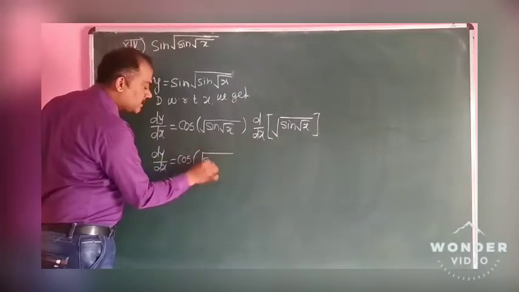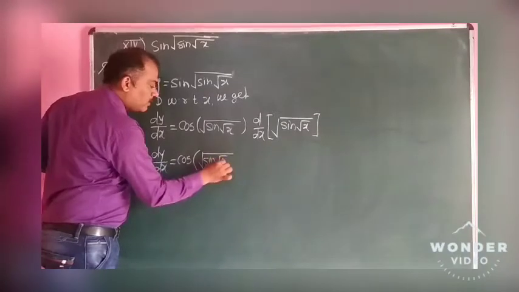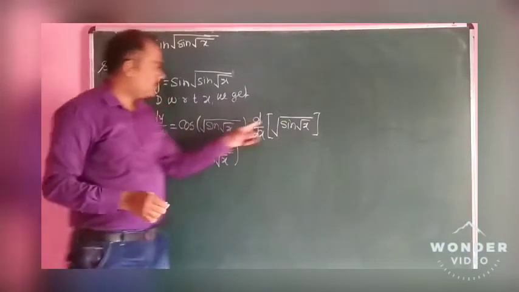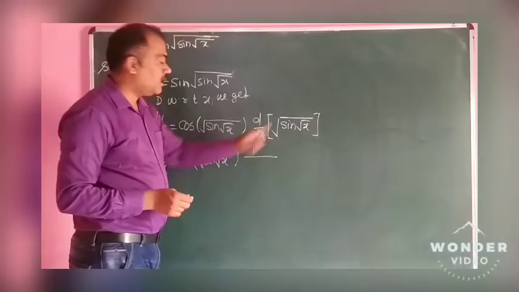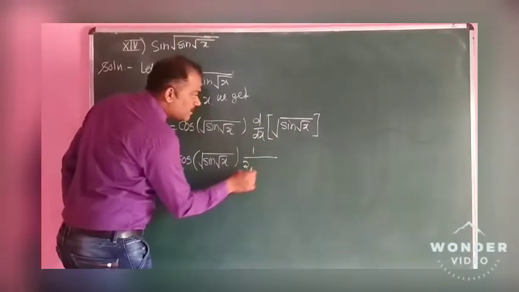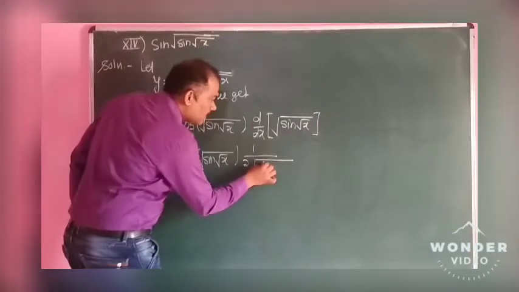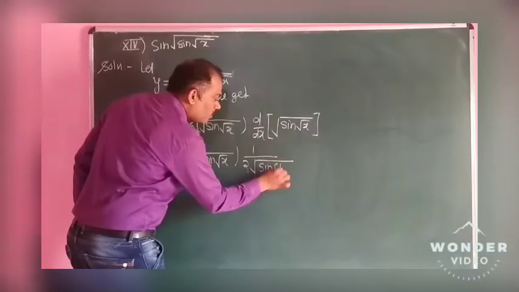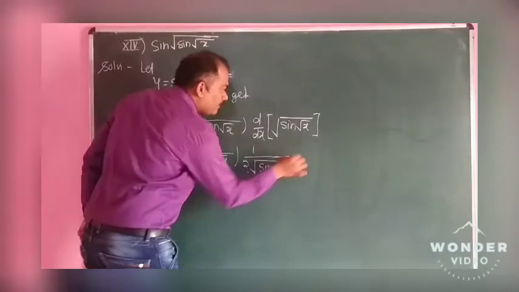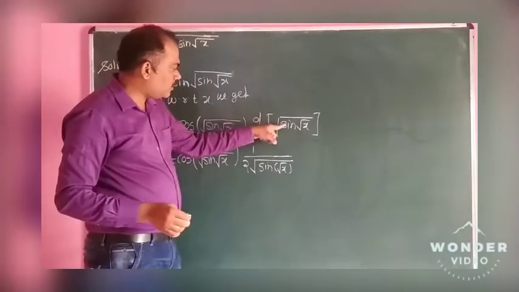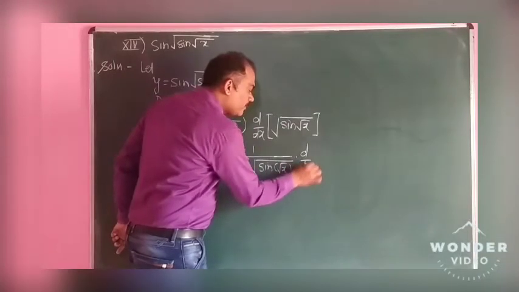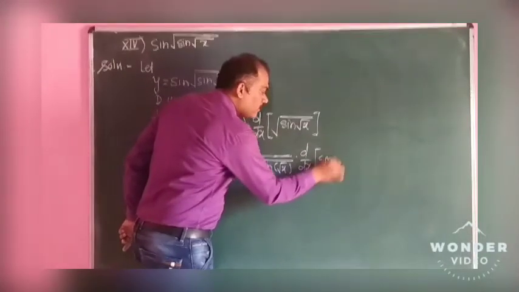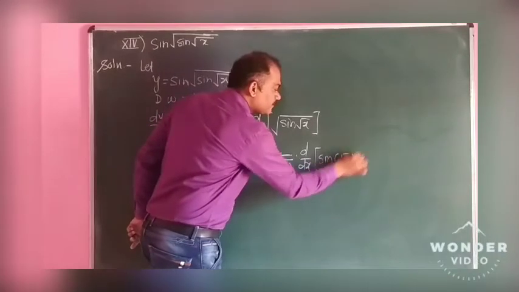First we take the derivative of this root. What is the derivative of root? That is 1 upon 2 times root of sine of root x. After this root, we take the derivative of this sine into d/dx of sine of root x.